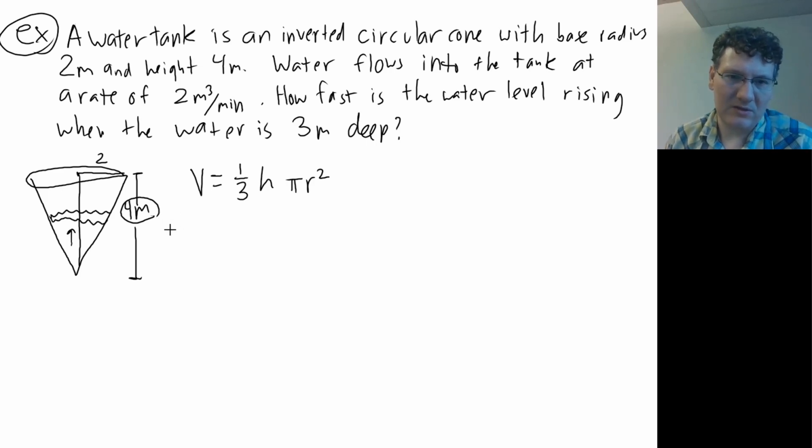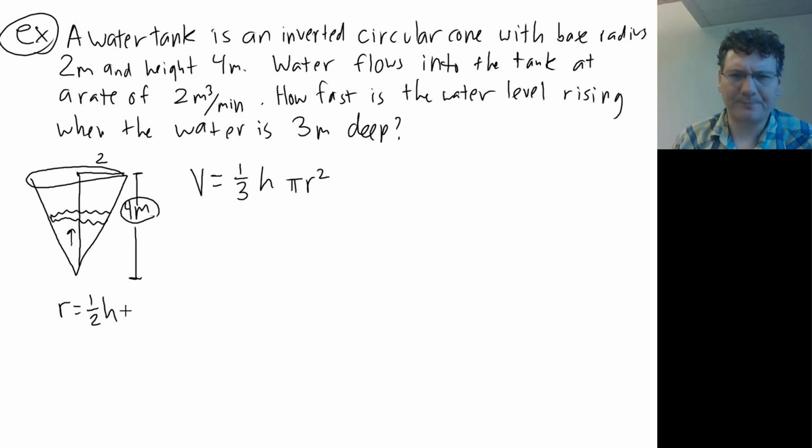What we realize here is the relationship between this height and the radius, in that any smaller cone is going to be proportional to this. So this is a cone in which the radius is 1/2 of the height.